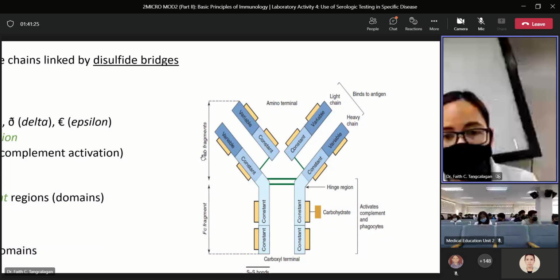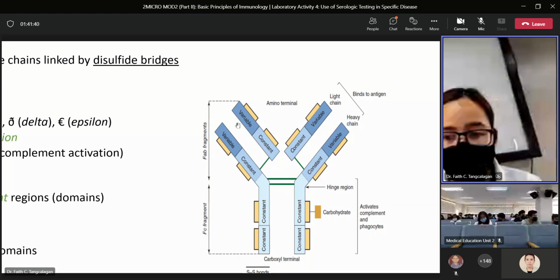Anyway, the amino terminal is the portion of the light chain that contains the antigen binding site. This is where the antigen binding site is located.